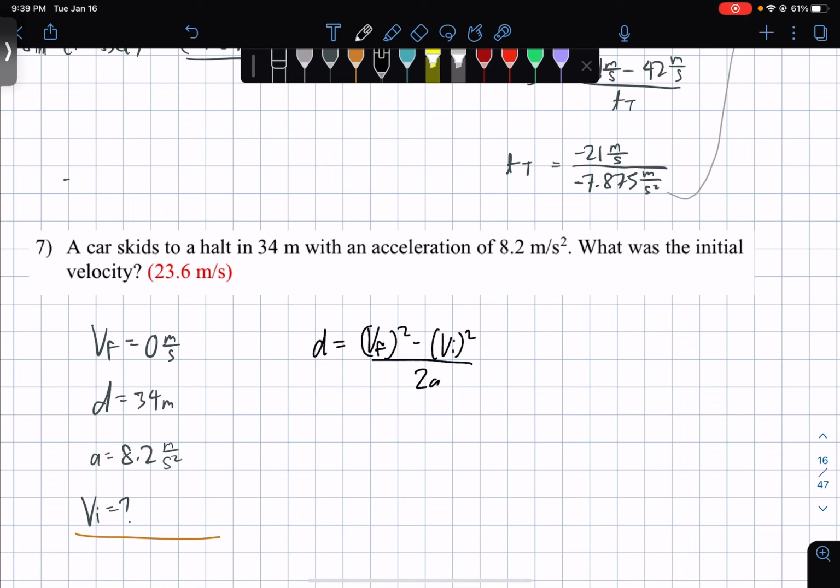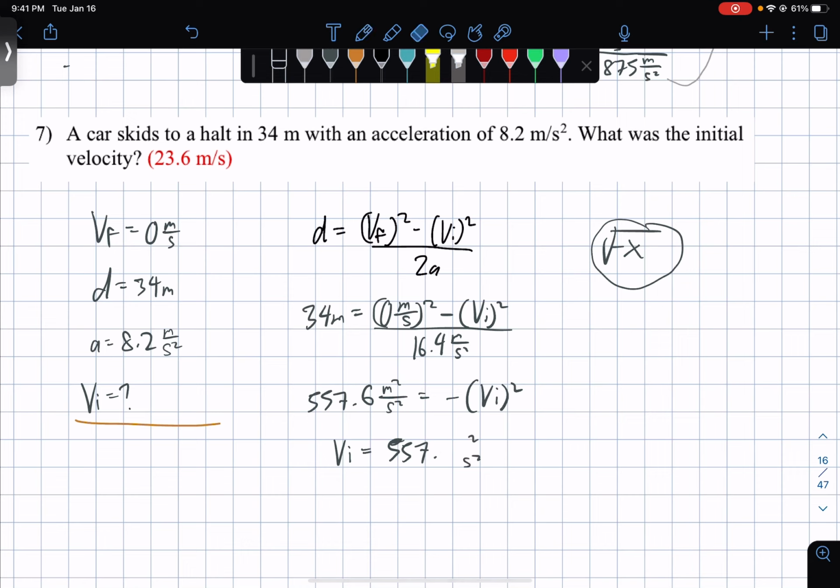But then realistically, we don't know what Vi is. Most likely it's going to be a value more than 0. Of course, the car is still moving before it starts to skid to a halt. Let's just disregard the negative sign, we have everything else anyways.